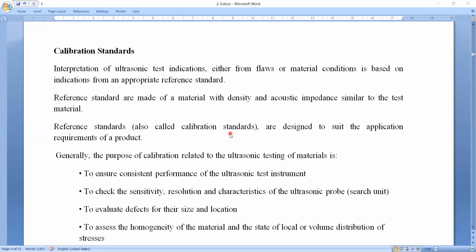We have to calibrate the testing equipment like probes, because accuracy is important. We have to know the sensitivity of the testing equipment; only then can we predict the defects efficiently. If there is no sensitivity in the equipment, we can't find the defects effectively.